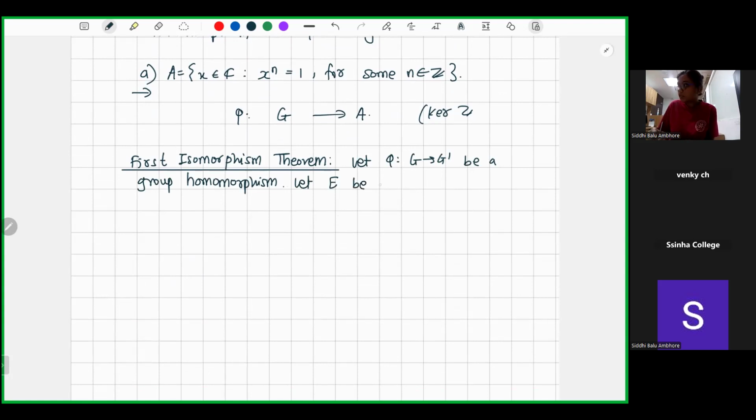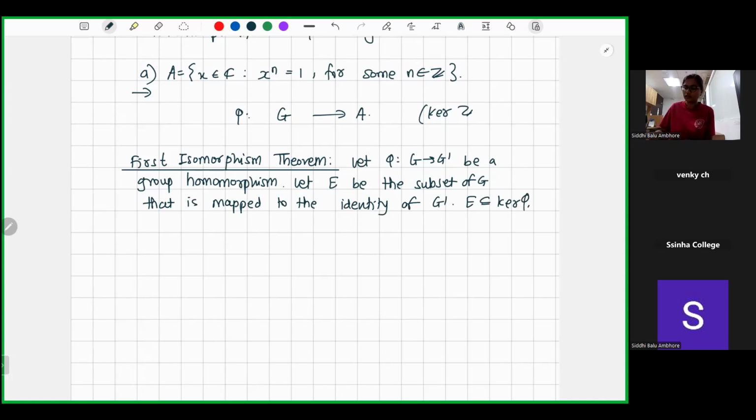Let E be the subset of G that is mapped to the identity of G dash, that is, E is the kernel of phi. Then E is normal in G and G quotiented by E is isomorphic to the image of phi.